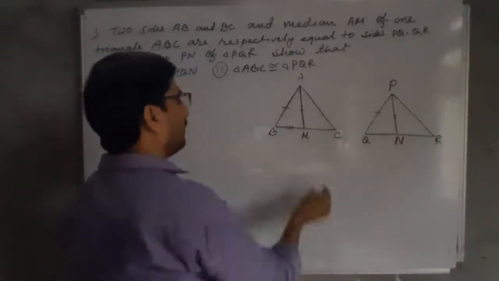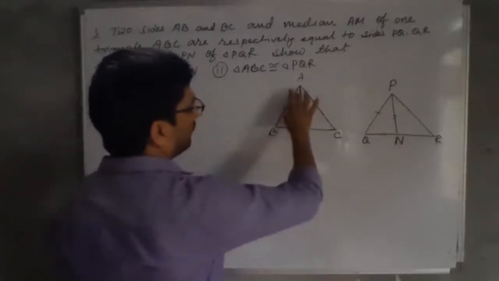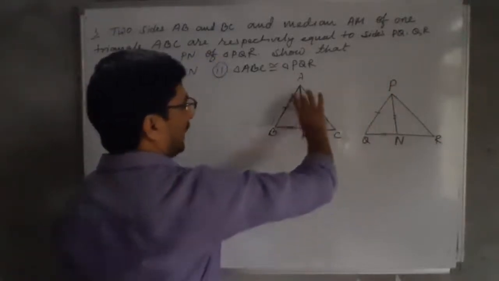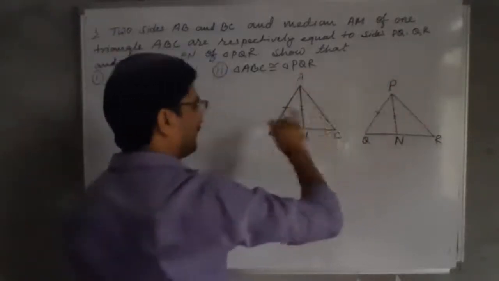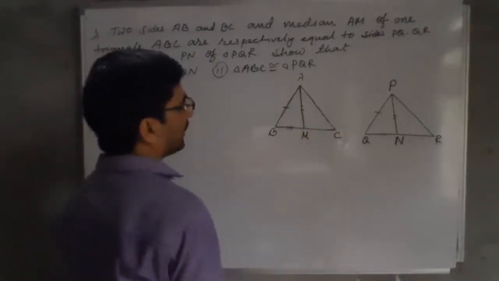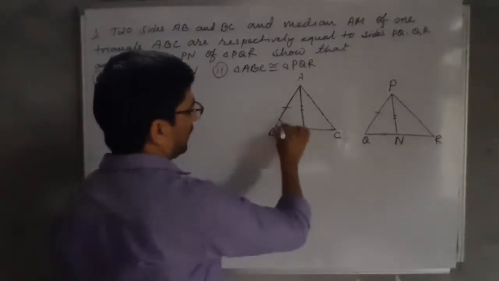Okay. Now in these two triangles, BM equal to QM, we have got AB equal to PQ, that is given, and AM equal to PN also given equal. So these two triangles are congruent. Now if these two triangles are congruent, we will get angle B is equal to angle Q, corresponding angles.